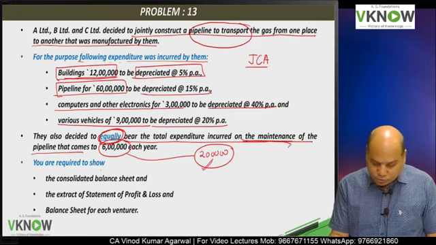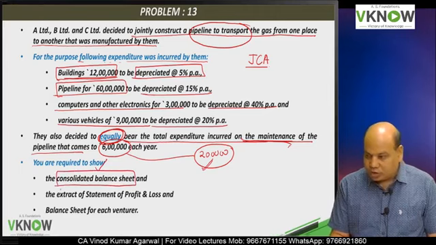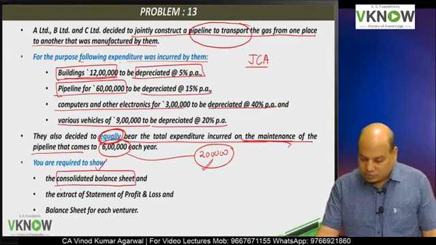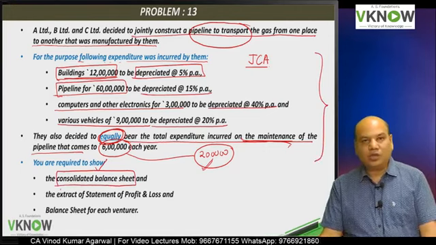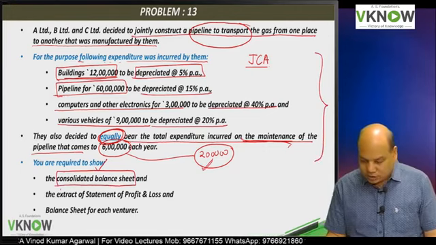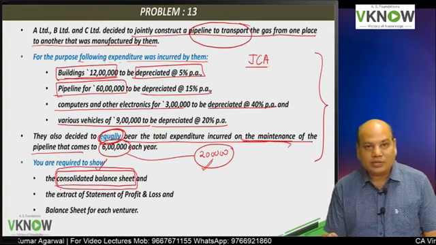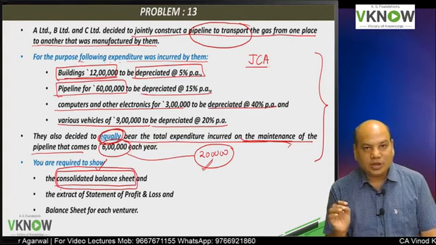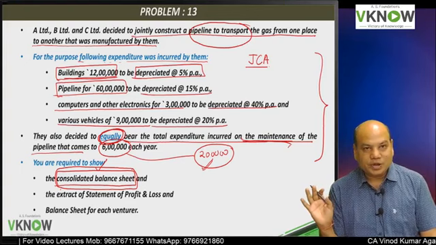So what are we supposed to do? Show consolidated balance sheet. Now here consolidated balance sheet means what is the total assets and total capital. This is not the consolidated balance sheet in the usual sense. In the usual sense, consolidated balance sheet means parent company and its subsidiary company.